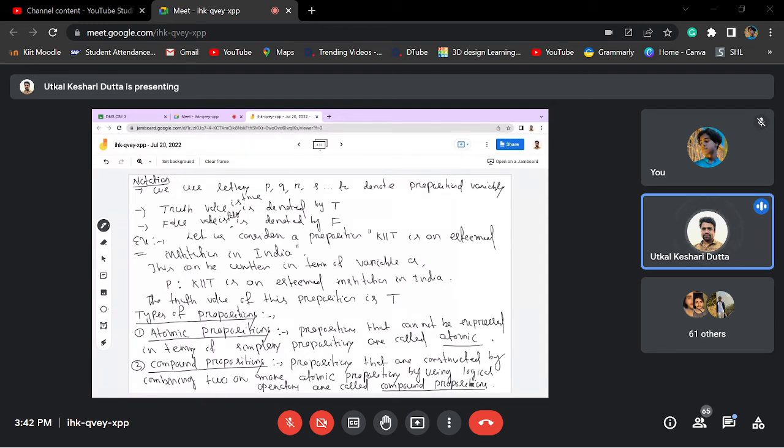That means when you combine two or more atomic propositions, you need some logical operators or connectives. Using connectives, this creates a new proposition, and these new propositions are compound propositions. Got it? That is the basic definition of atomic proposition and compound proposition.